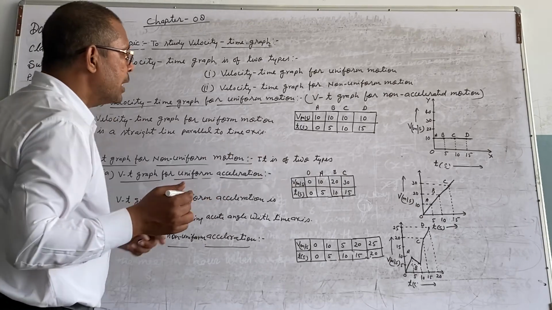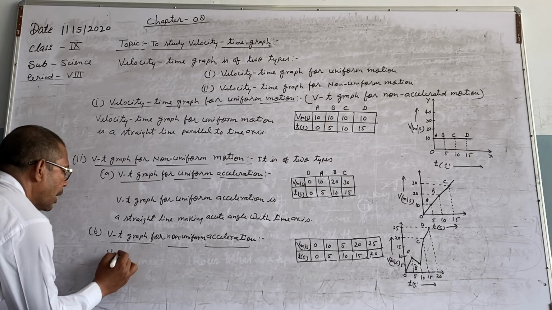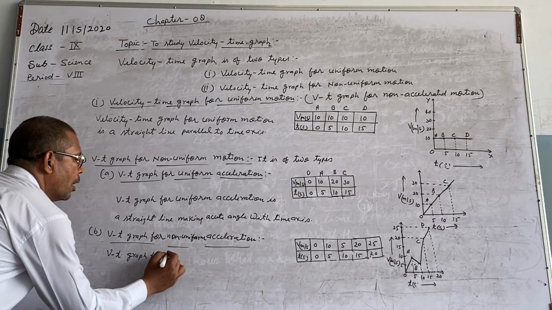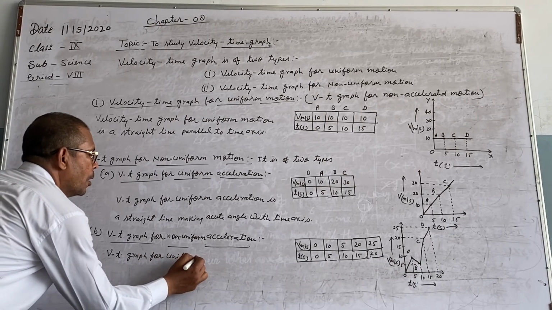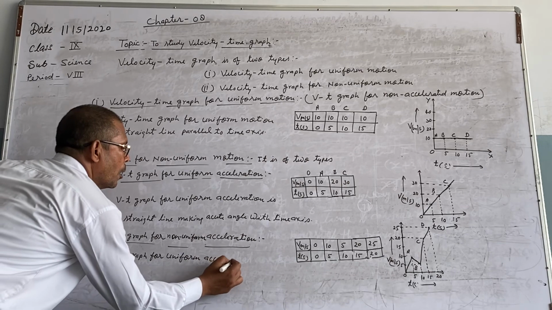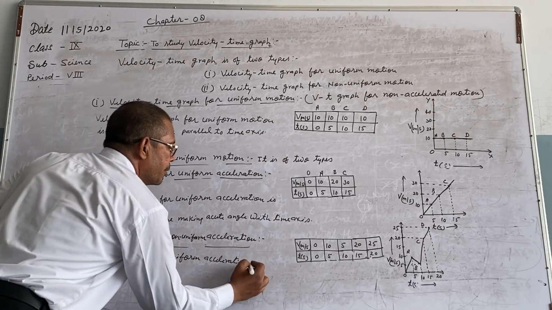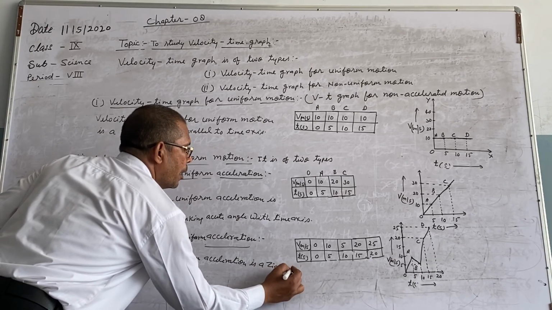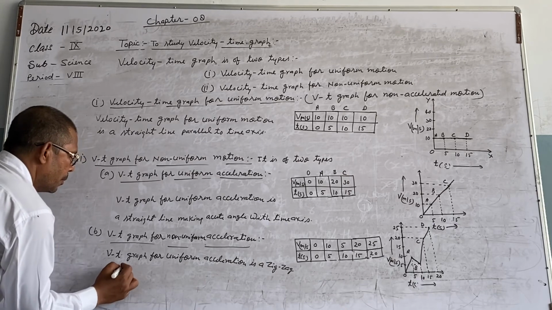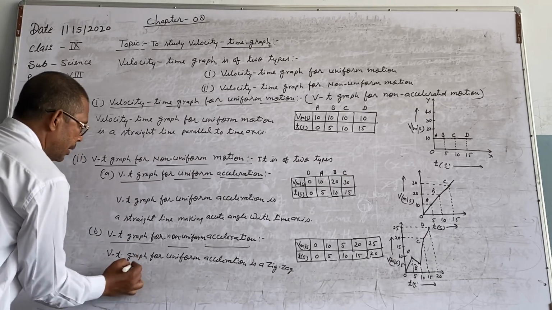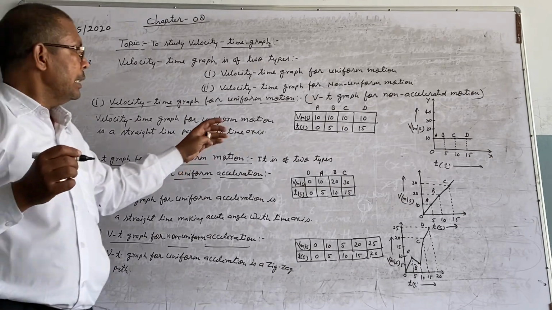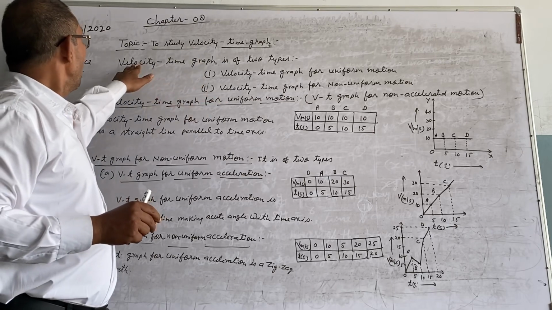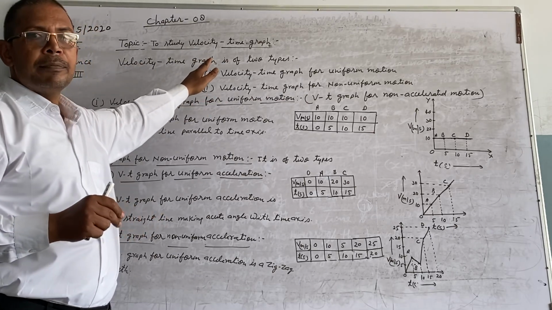That is, what will you say in this regard? Velocity time graph for non-uniform acceleration is a zigzag path, right? So these are different types for velocity time graph, right? Thank you very much.